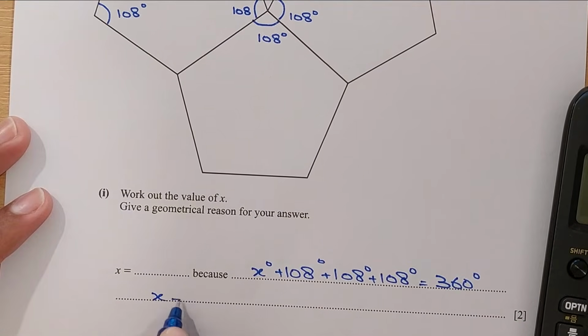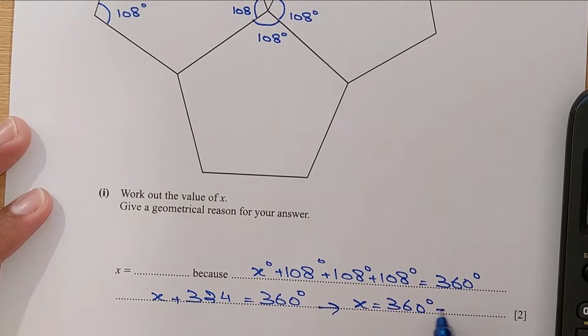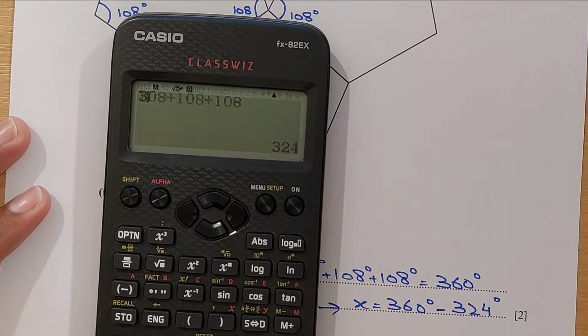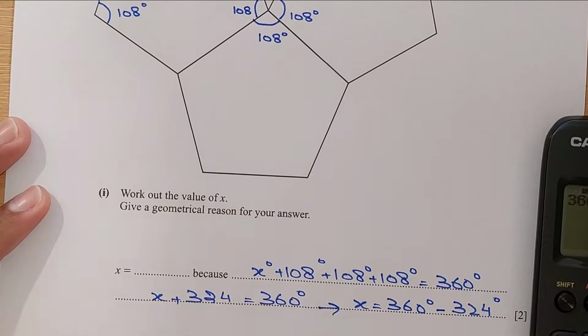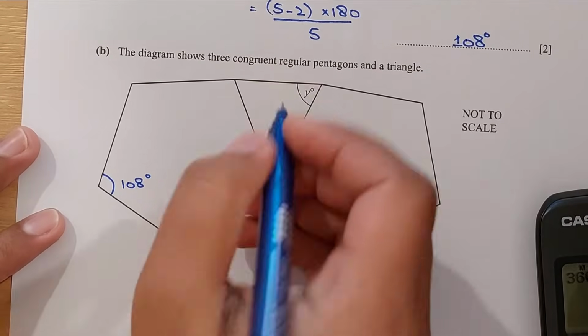So we can say x plus 324 equals 360, and from here x equals 360 degrees minus 324 degrees. 360 subtract the answer, that is 36 degrees. So the angle for x is 36.